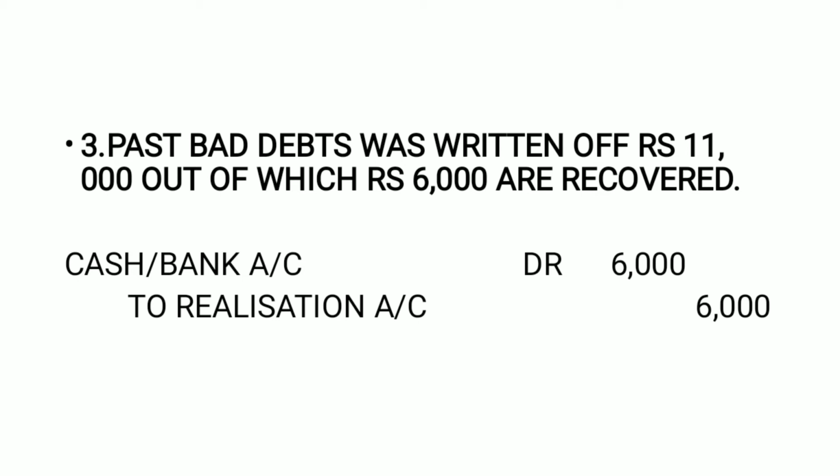And now that the amount is realized, whenever an amount is realized, the common journal entry is cash bank account debit to realization account, 6,000. All right?